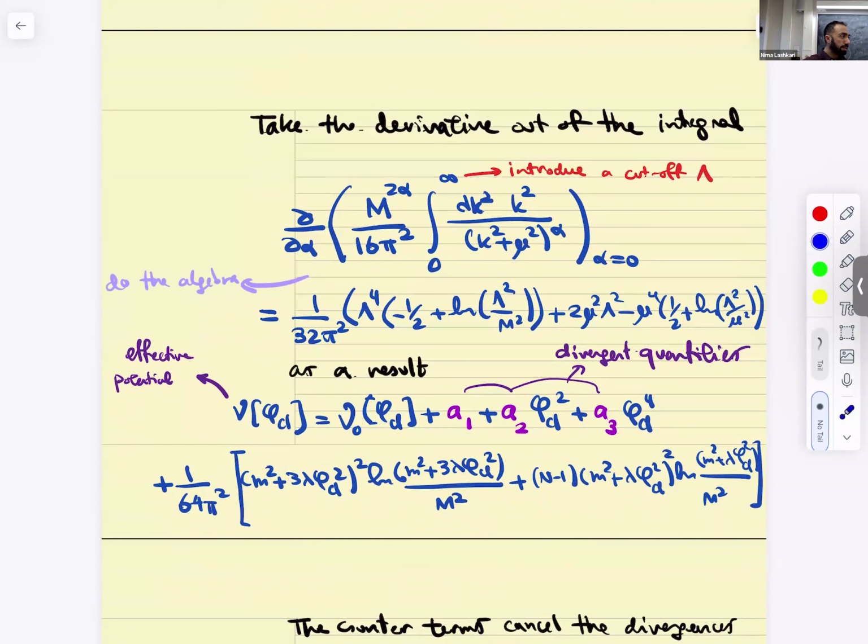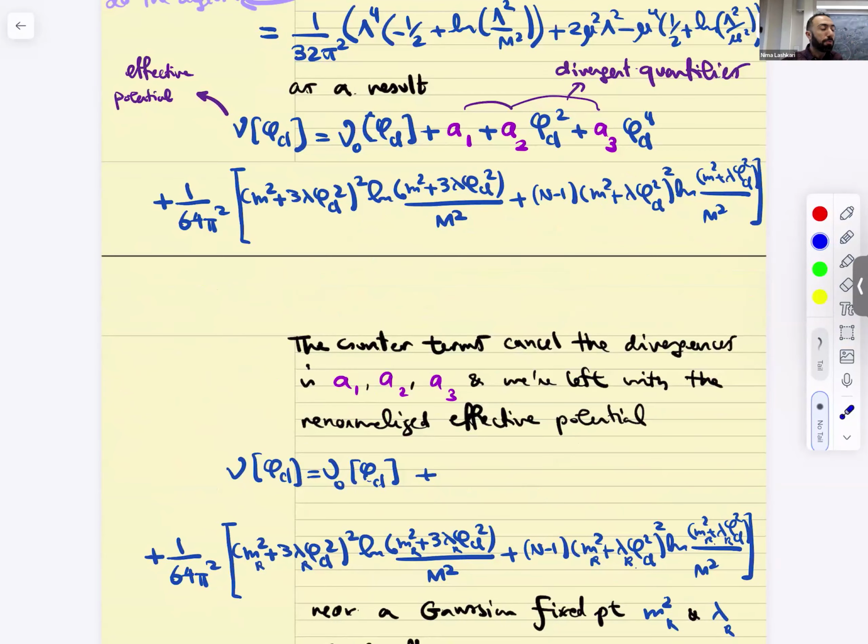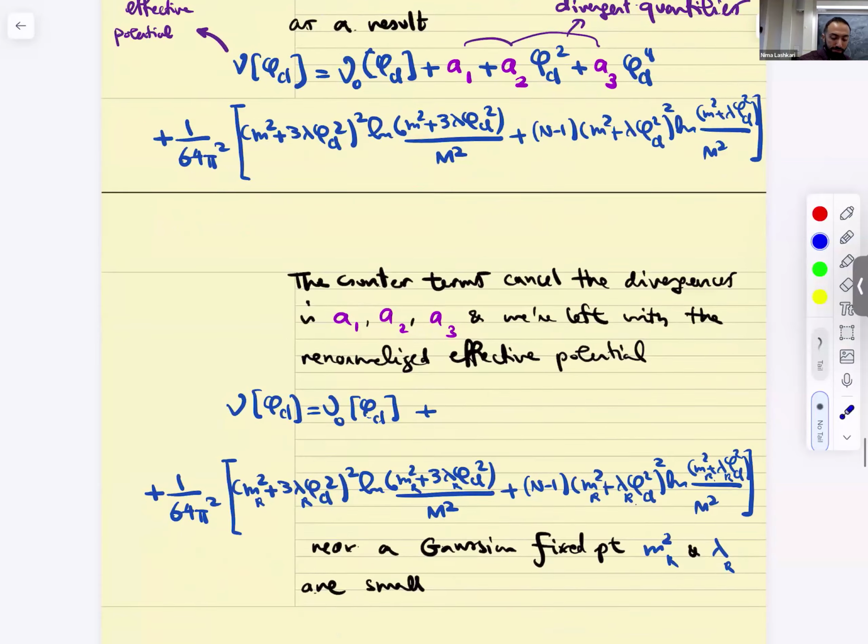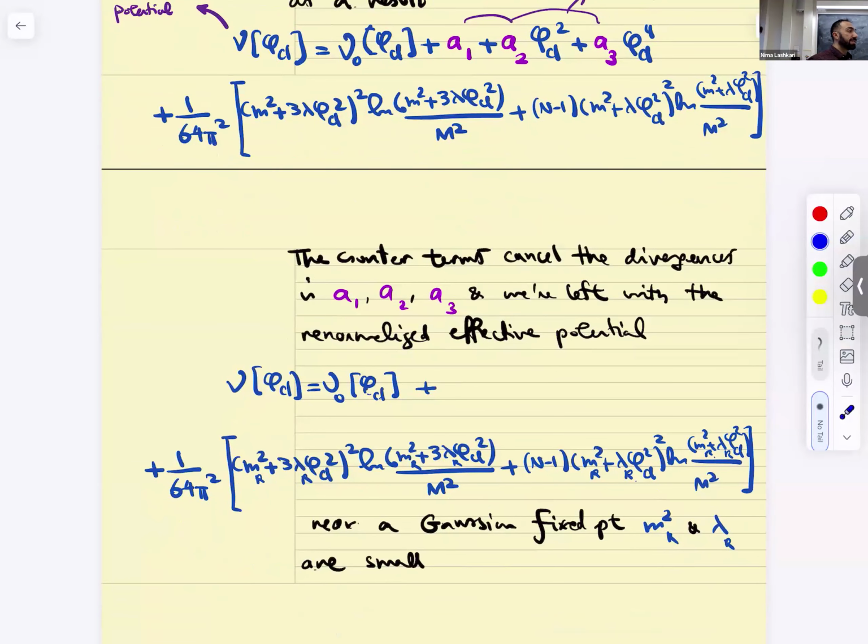Good. I know it was quick, but by now you've done quite a few of these integrals. Now, the point of renormalization is to cancel these divergences. Precisely. So the counter terms are going to cancel these guys. If you don't believe me, renormalize this. And the answer is going to be basically this chunk.